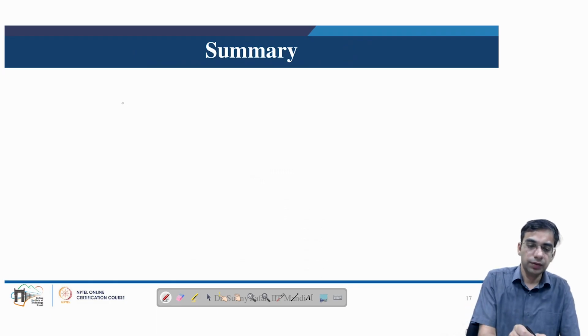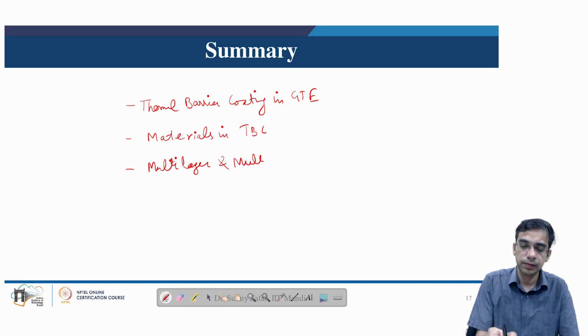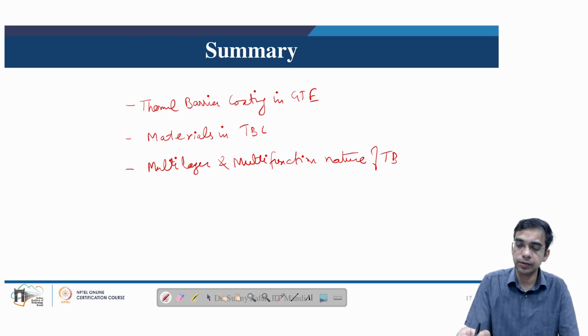So in summary of today's lesson, we have seen the role of the thermal barrier coating in gas turbine engines. We have understood the materials which are used in the thermal barrier coating. We have looked at the multi-layer and multifunction nature of thermal barrier coating.